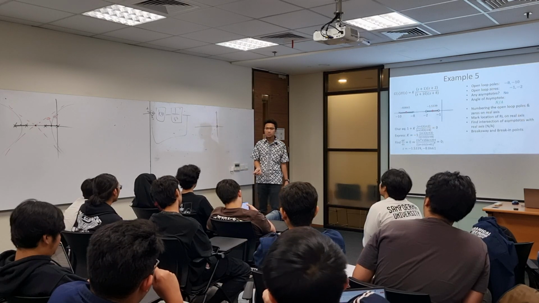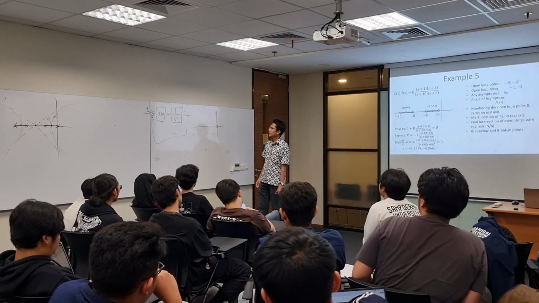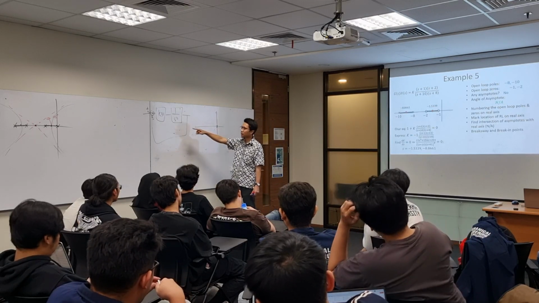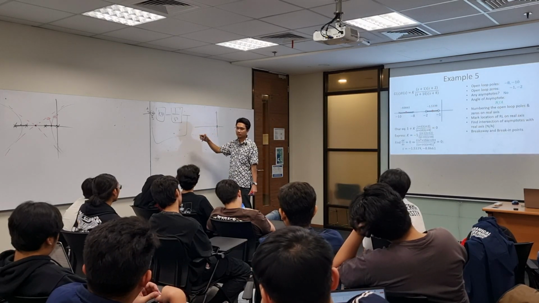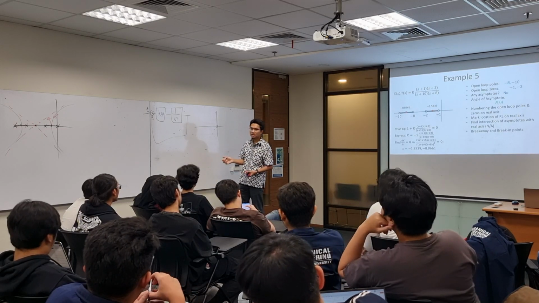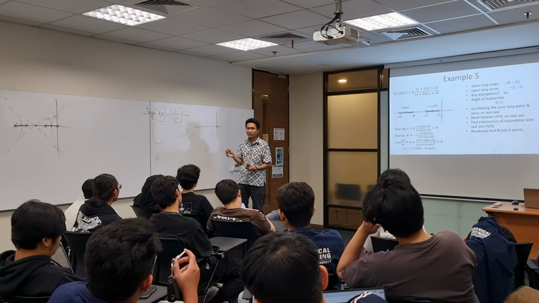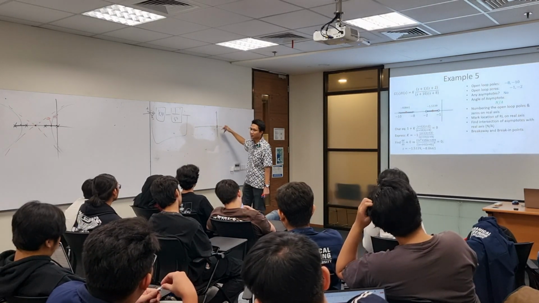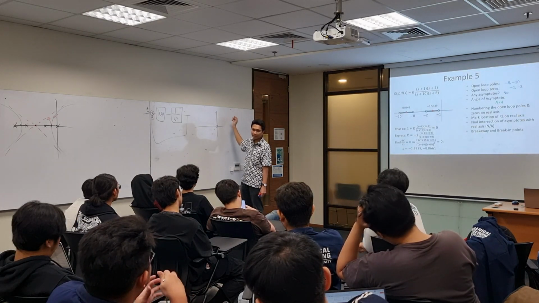Understand or not? What you will do is change the k so that you at least have a zero. You need to have a zero in there, open loop zero. If not, then it will just blow away.